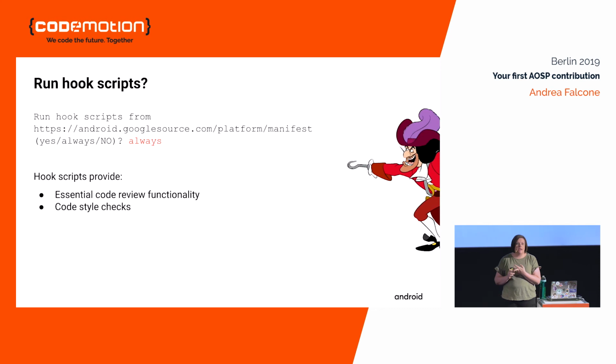They inject a change ID into the commit message, which is the only way that your code will be allowed to be uploaded. It has to have a change ID included in it. And it runs some code formatting, check style, lint type things as well. The change ID is, like I said, critical to uploading code, and so you have to run the script hooks.